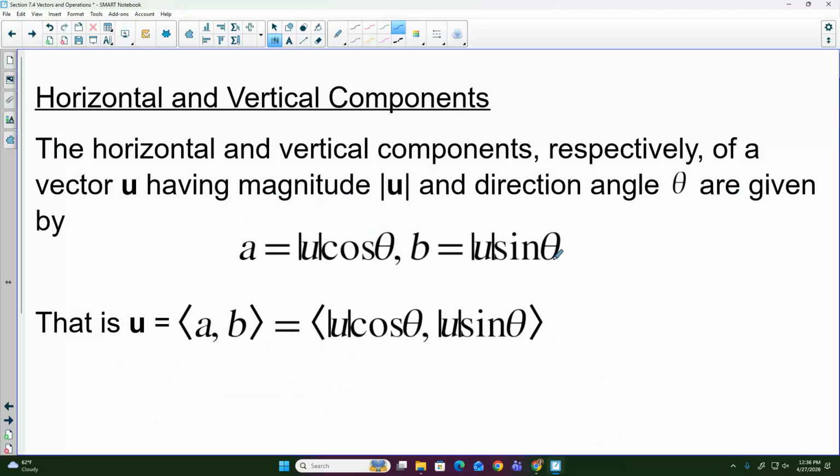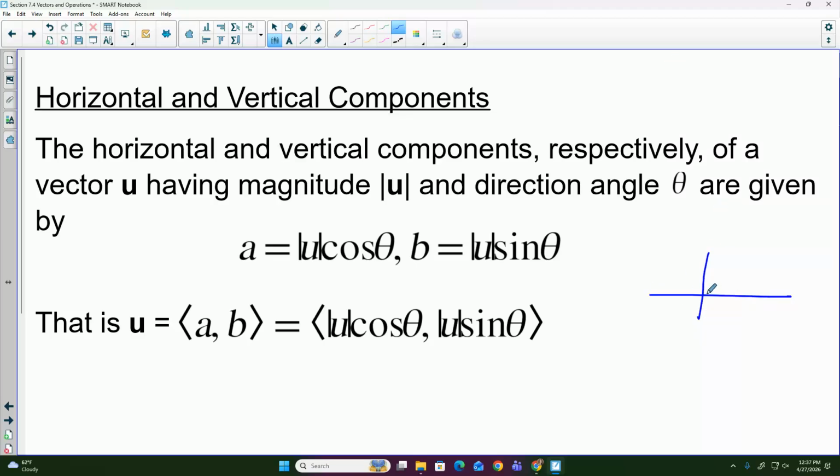And those are sometimes called the horizontal and vertical components. Horizontal is just like your x value, your y is your vertical component. And it's just taking the magnitude times the sine or cosine of our angle. Okay, again, that's really just related to setting up a triangle.